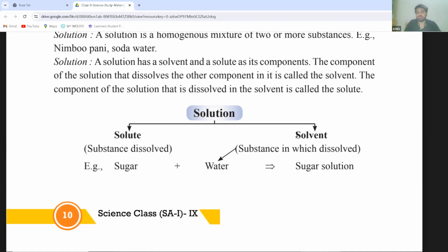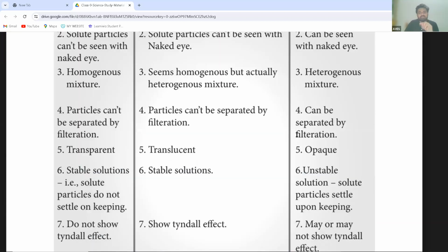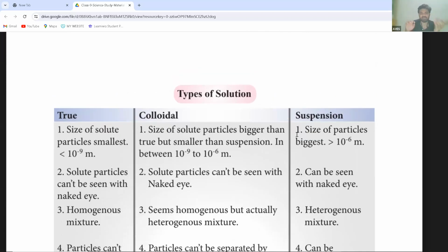Now, one more point on true solutions, colloids and suspensions, because sometimes the particle size may be asked. Write down that true solutions have particle size less than 10 to the power minus 9 meter, and colloidal solutions have size between 10 to the power minus 9 and 10 to the power minus 6 meter, and suspensions are bigger.